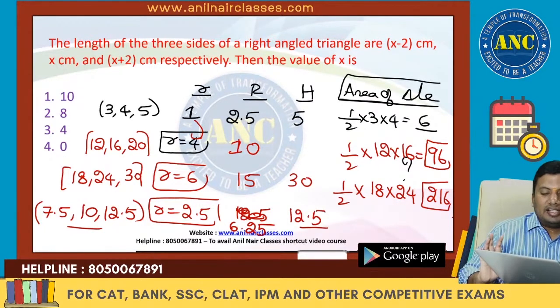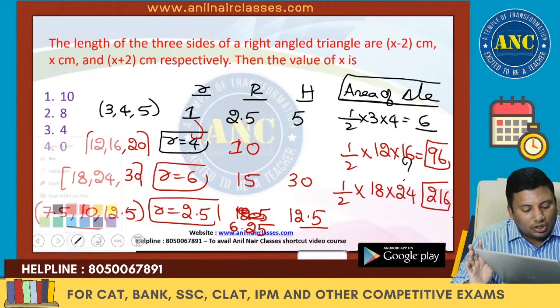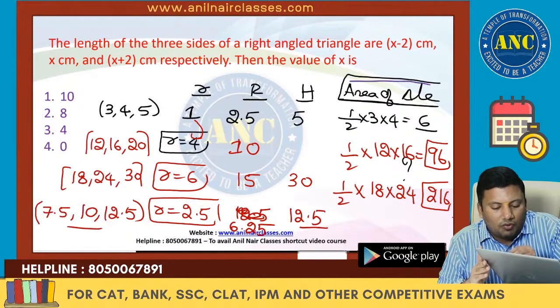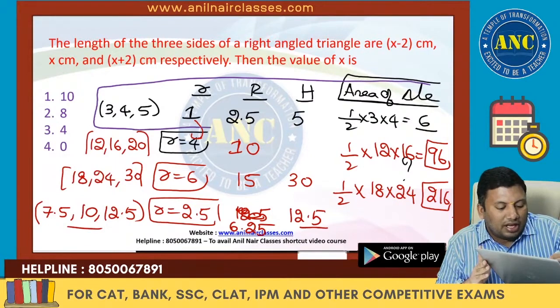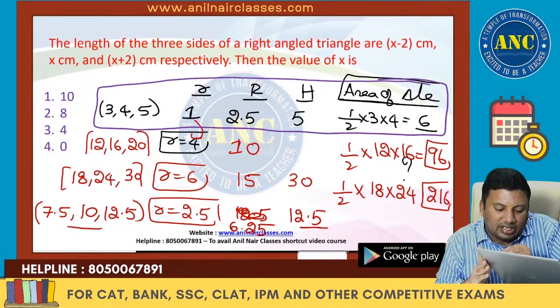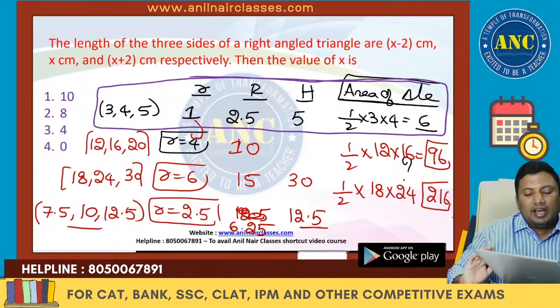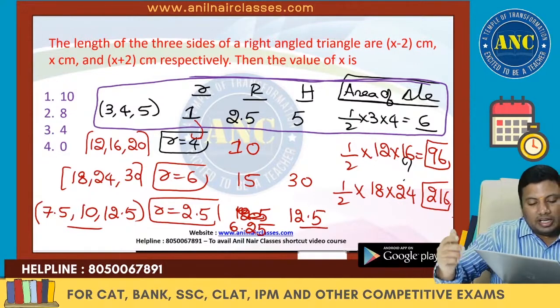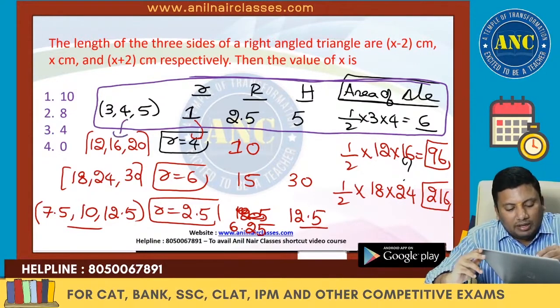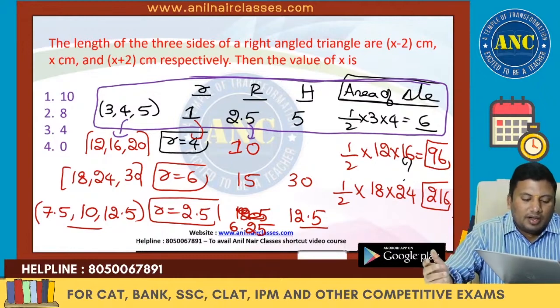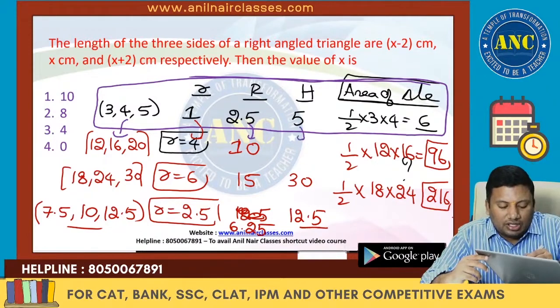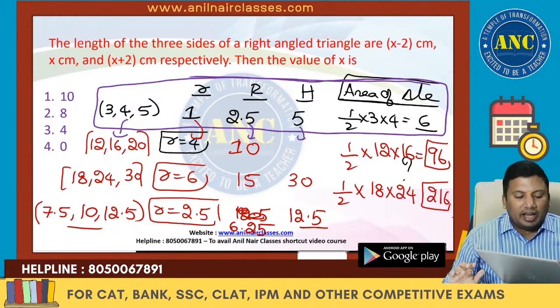I hope the idea is clear. The only thing you need to know is this triplet. Once you know it, the remaining are all multiplication factors. For 3, 4, 5, if the inradius becomes 4 times, the sides also become 4 times, the circumradius also becomes 4 times, and the hypotenuse is 2 times the circumradius.